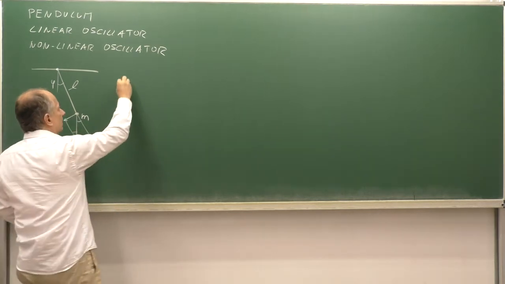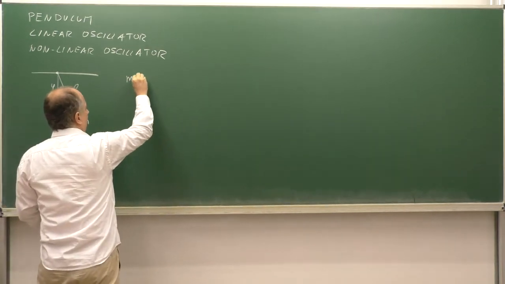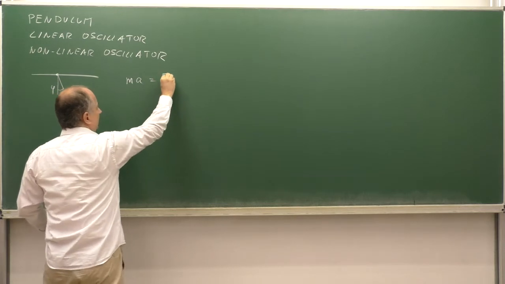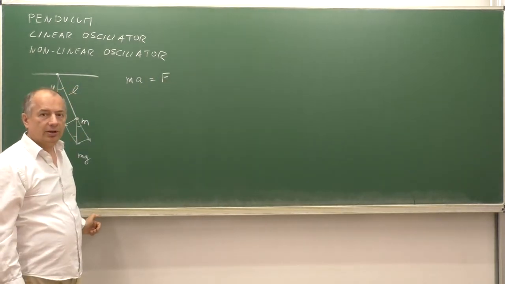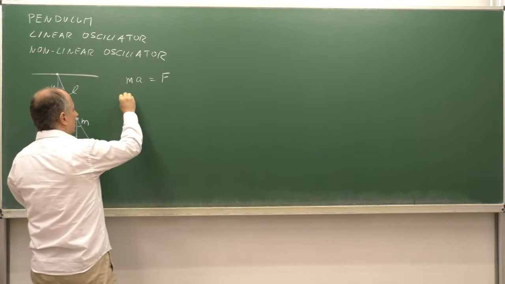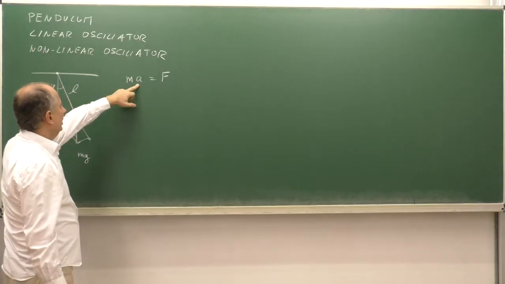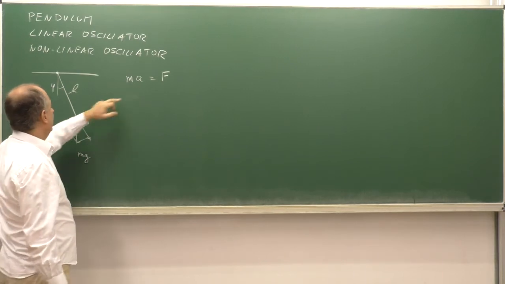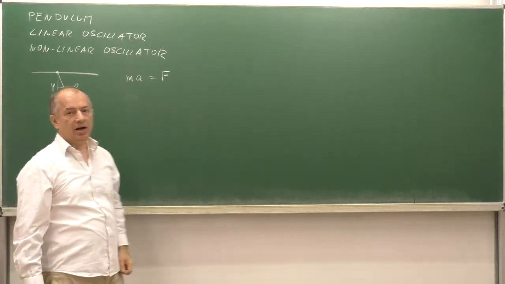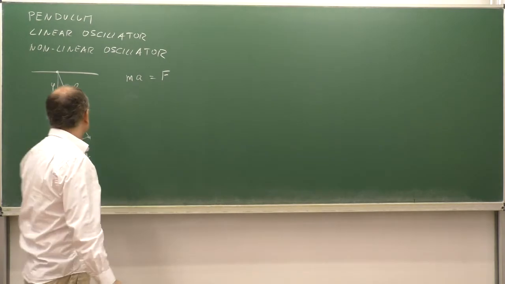So the mass times acceleration is equal to the force acting on the object. And how to relate the acceleration a with the angle phi describing the position?